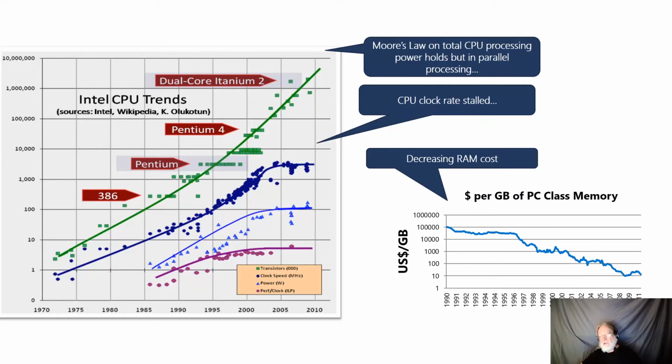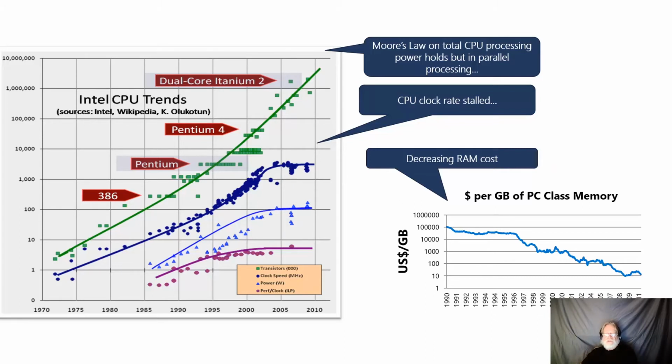At the same time, the cost per gigabyte of PC class memory has gone down significantly, and the ability to configure larger and larger amounts of memory in a single system has significantly increased. So you can get more and more memory in a system without completely breaking the bank.